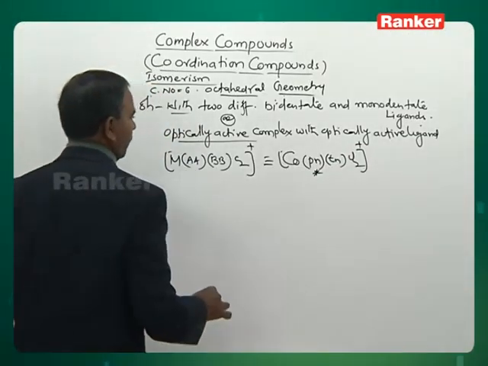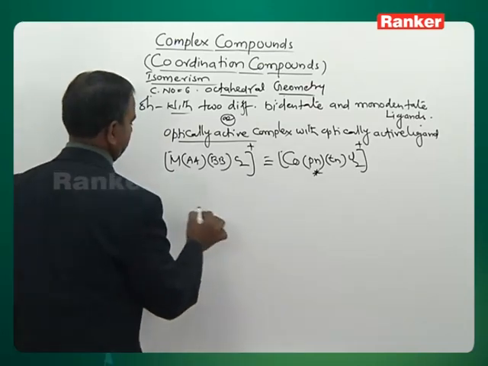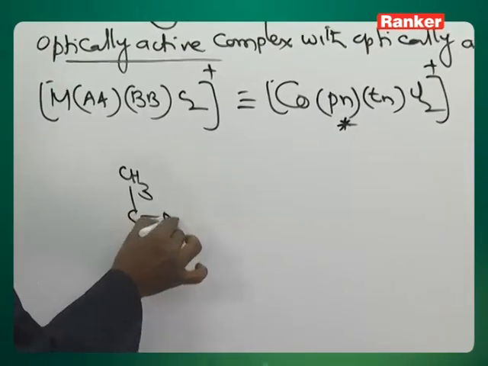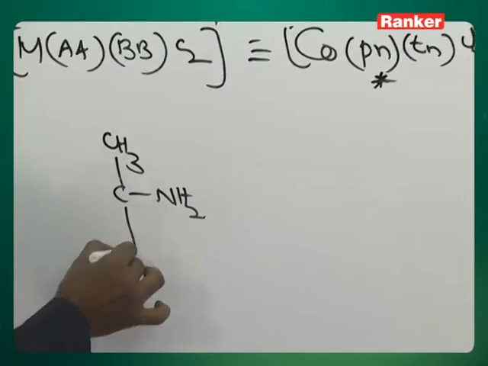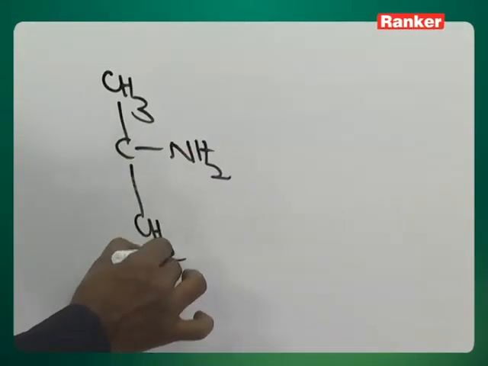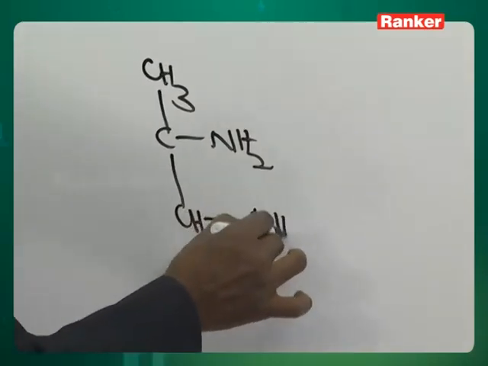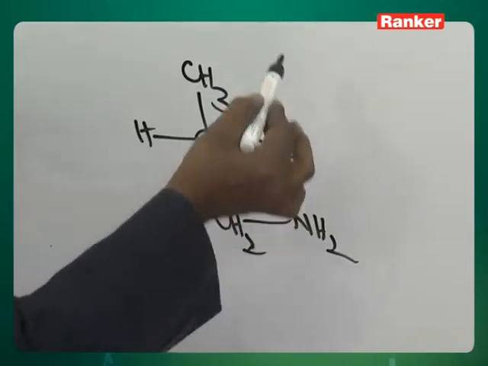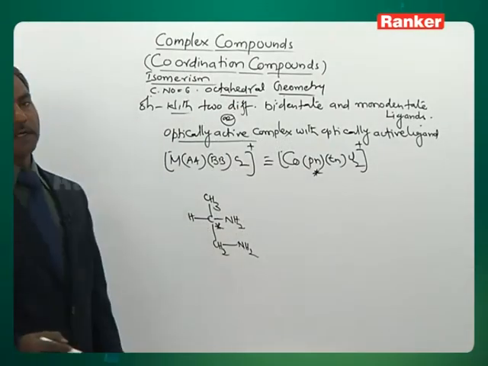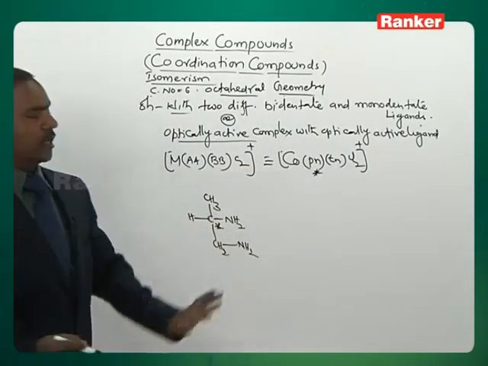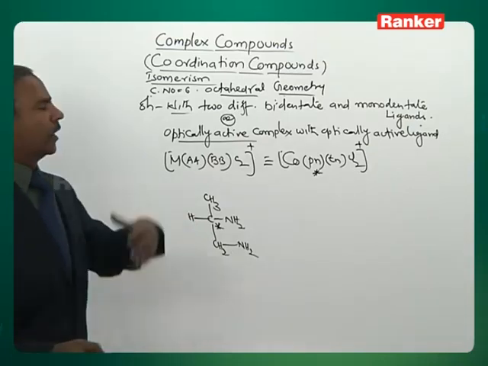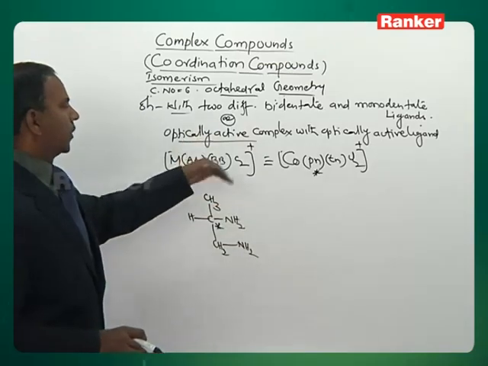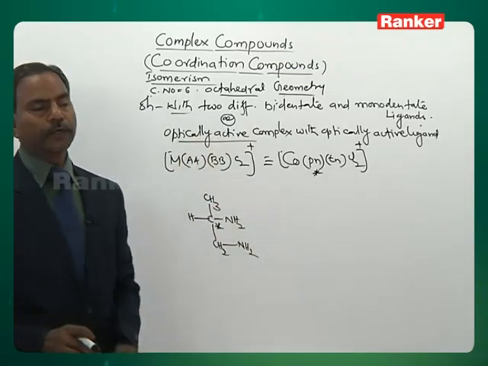Let us check the structure of pn. You know, CH3, 1,2-diaminopropane. This you see, this is carrying an asymmetric center. This particular ligand itself is optically active, and the complex is also found to be optically active. So, optically active complex with optically active ligand. This is important to remember.